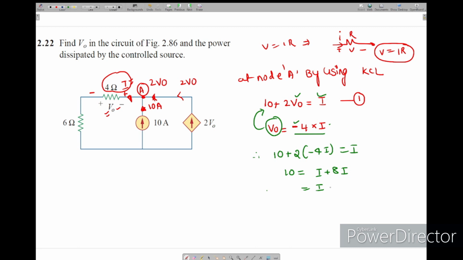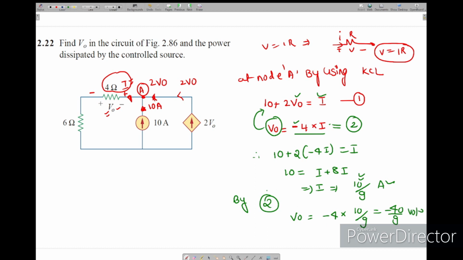So I equals 10 by 9 amps. This is about finding I. Now we require V0. By equation 2, V0 equals minus 4 times I. I is 10 by 9. So V0 is minus 40 by 9 volts.